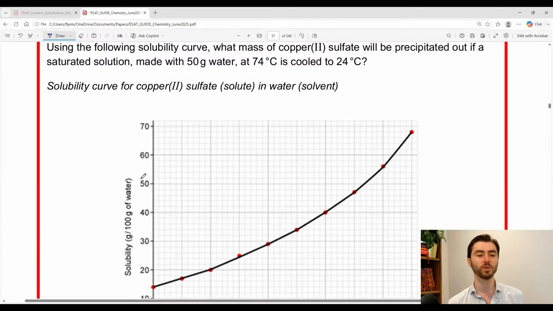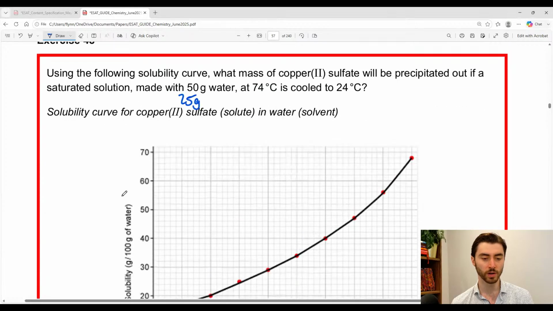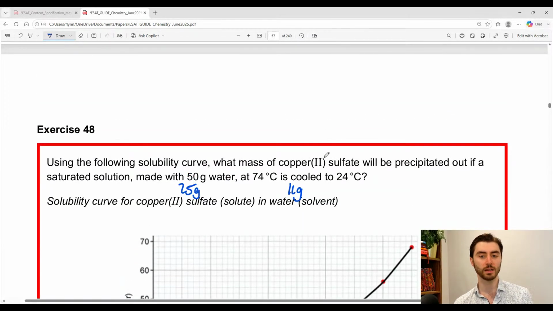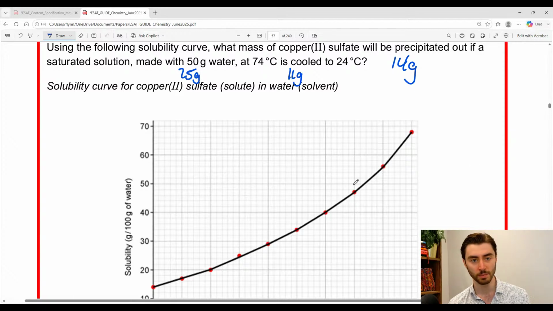So 50 grams would have been in 100 grams of water, so 25 grams would have existed in 50 grams of water. If we're cooling it to 24 degrees C, it's now going to be 22 grams per 100 grams of water. So 11 grams in 50 grams of water. So there were 25 grams. Now only 11 grams get to stay dissolved, so 14 grams get precipitated out.